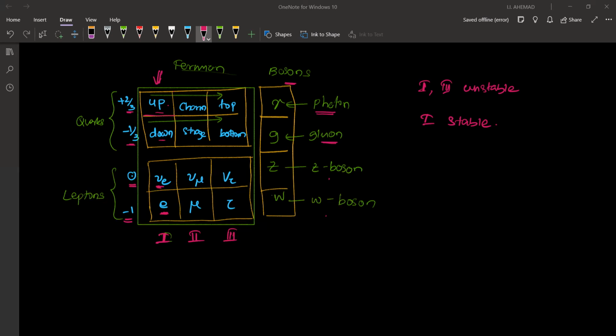That particle we call hadrons. And if 3 quarks combine, they are baryons. The examples for them are proton and neutron.